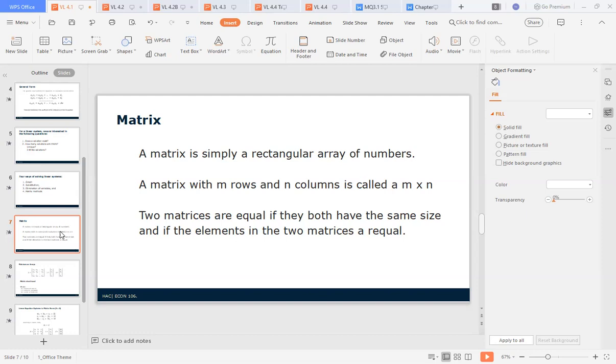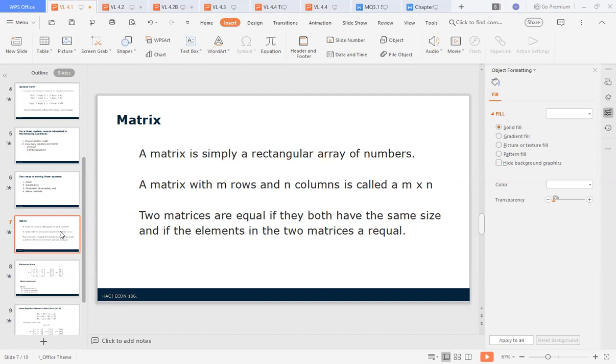Number two, it gives you a method to test the existence of a solution with the use of a determinant, which we will again talk about later. And it's also a compact way, and it saves time as well.